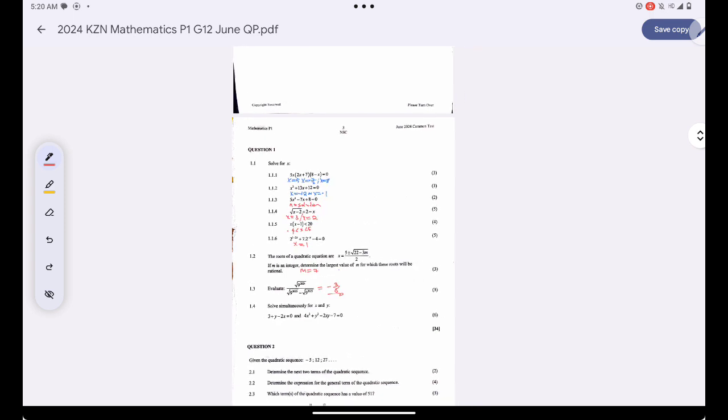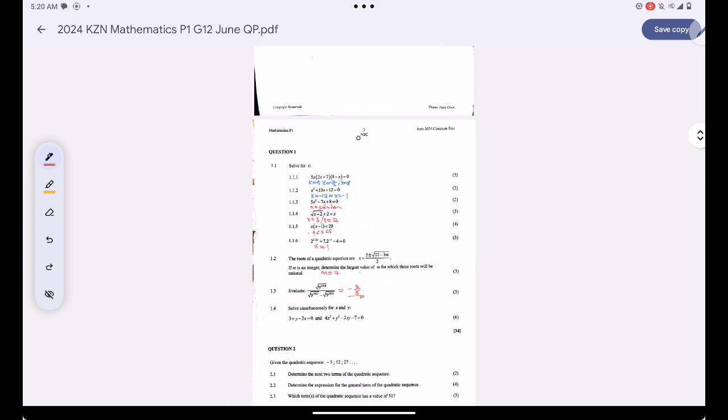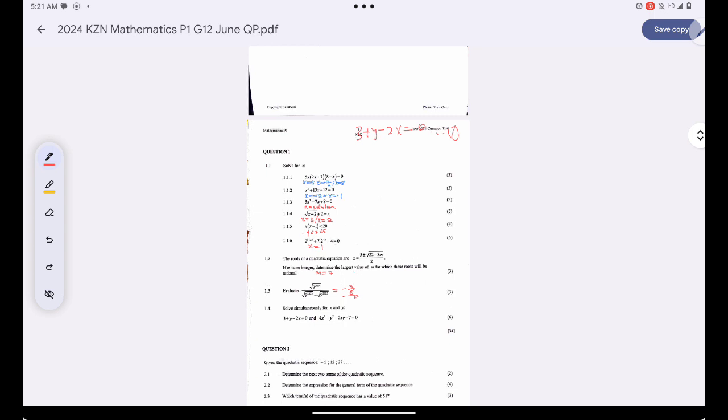Equation 1, I have 3 plus y minus 2x is 0. This is my equation 1.